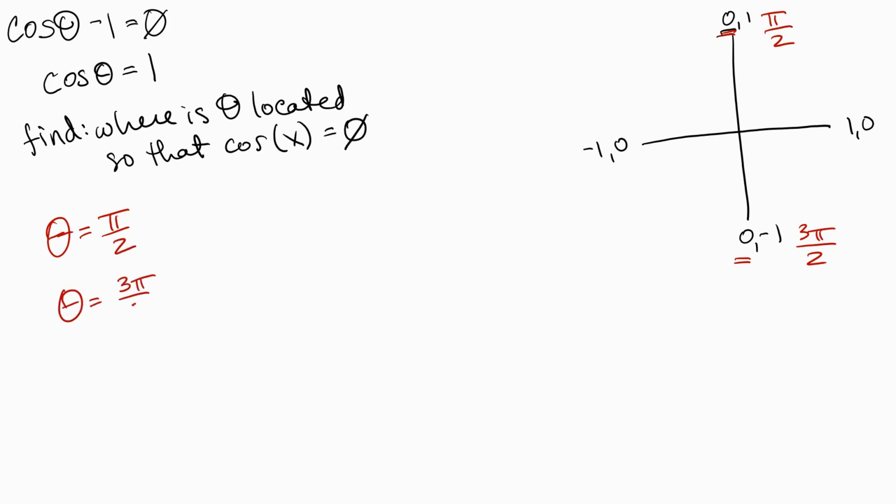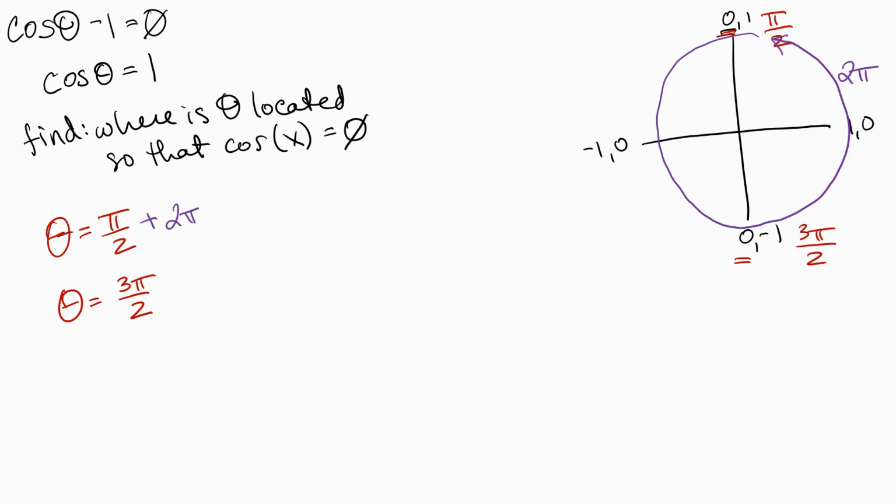Now, if we take our pi over 2, this same answer is also accurate if we go around our unit circle all the way around, right? And that's another 2 pi. So we're going to add 2 pi k to this.